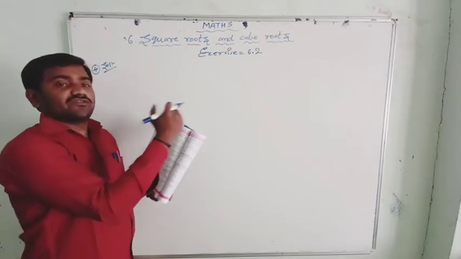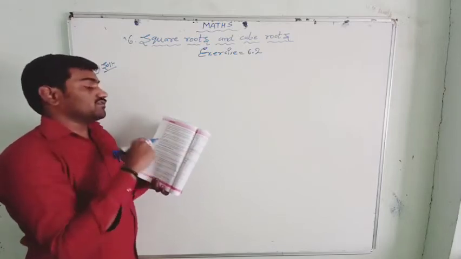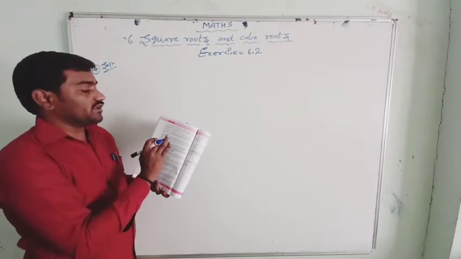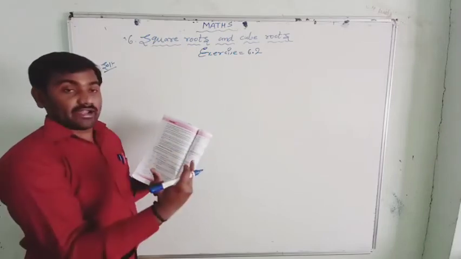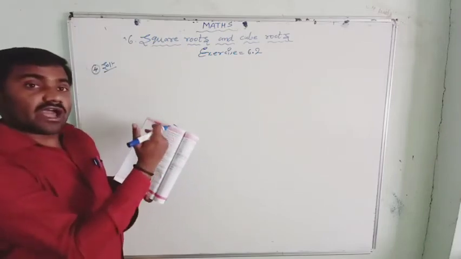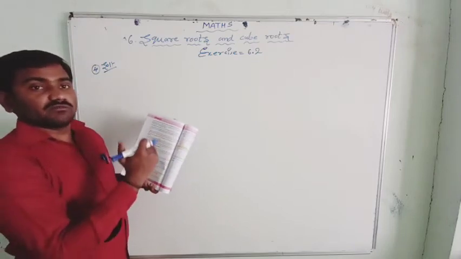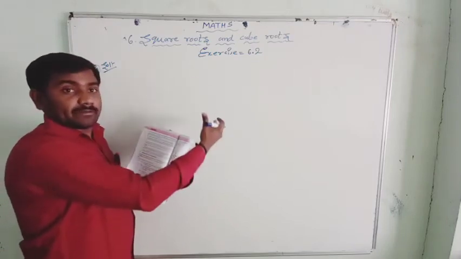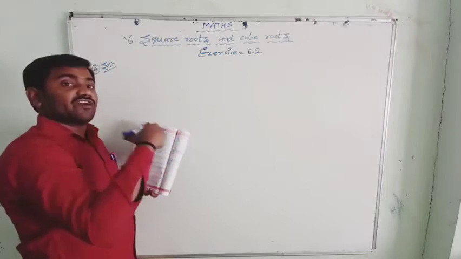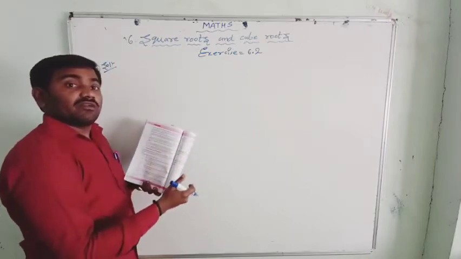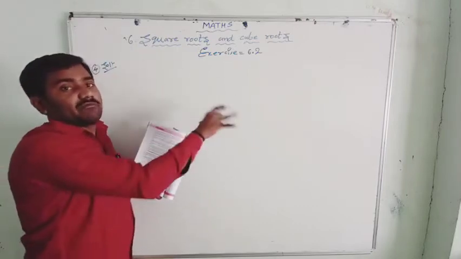Before, they had given multiplied: what is the smallest number which we need to multiply? Here they have asked for the smallest number by which we need to divide. Remember, before we multiplied the unpaired number to make a pair, but here we have to divide by the unpaired number.